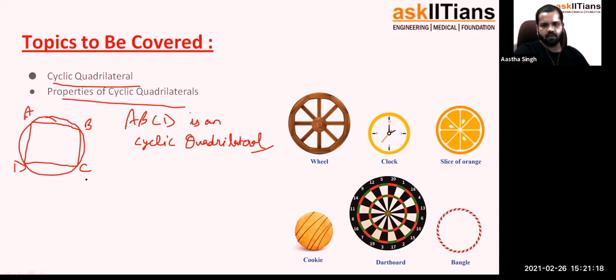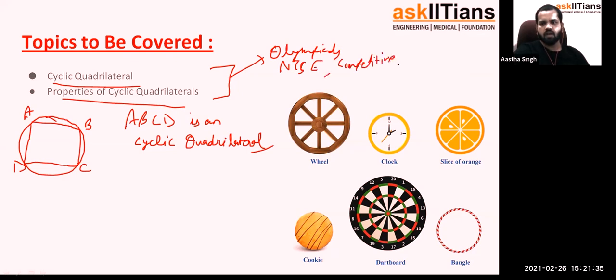Again, let me tell you that questions on this topic come from your Olympiads and NTSE, and even competitive exams. If a good question is there, they will ask you about cyclic quadrilaterals. So this topic is very important.